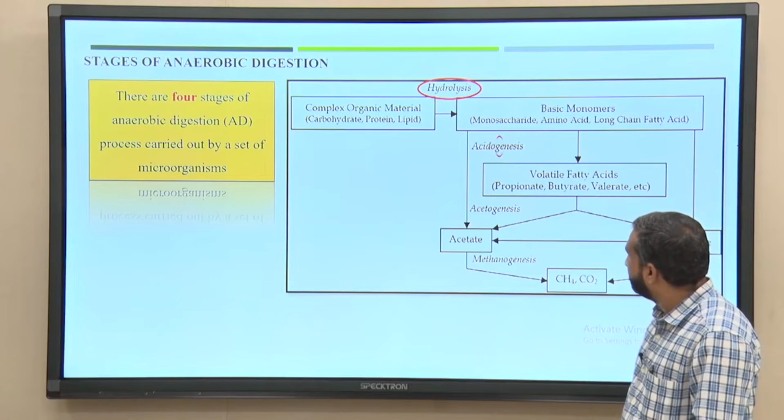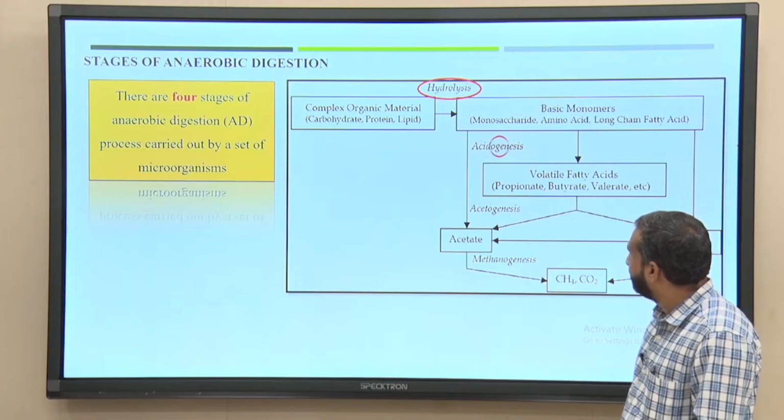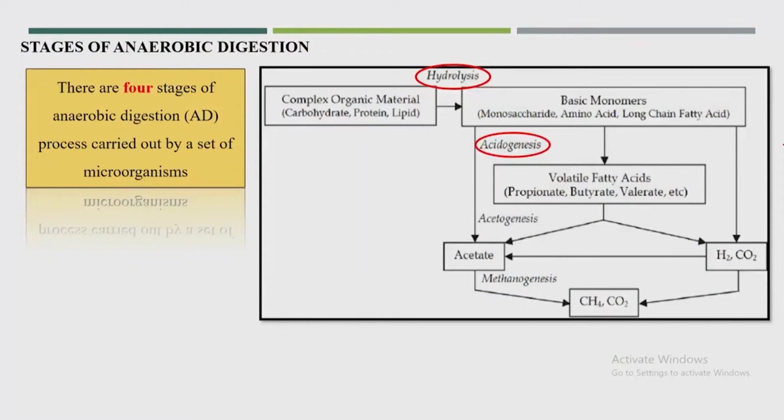Next is acidogenesis. Here, mostly all the basic monomers will convert into volatile fatty acids, mostly propionic acid, butyric acid or valeric acids, which are somewhat large carbon-containing fatty acids.